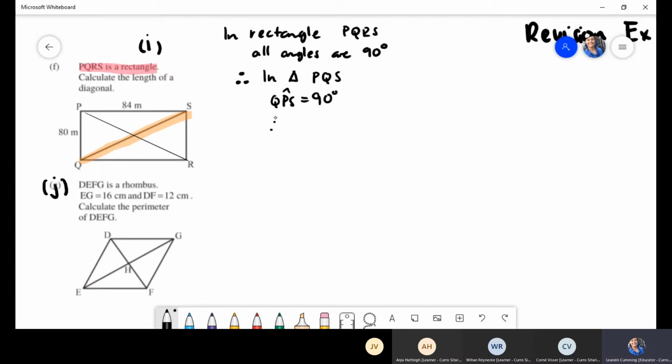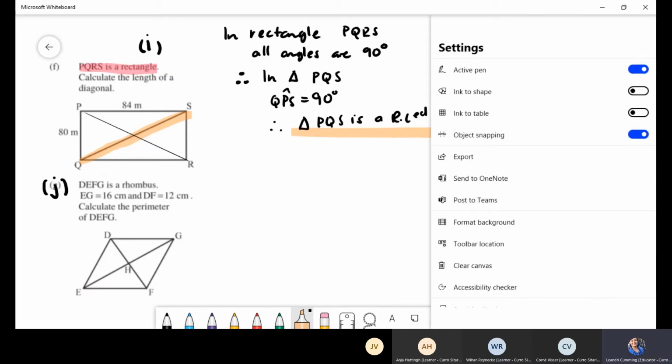And therefore, triangle PQS is a right-angled triangle. I'm just writing this here for my own purposes, okay? Why do I need to do this? It's because I want to use Pythagoras. I want to work out that length.